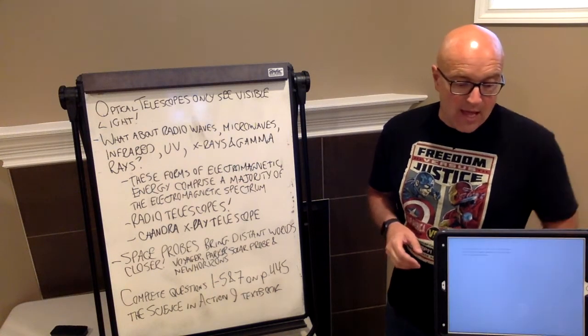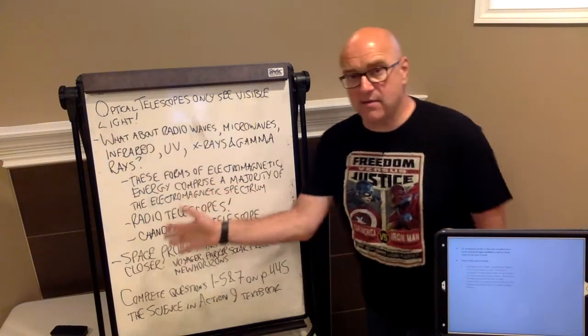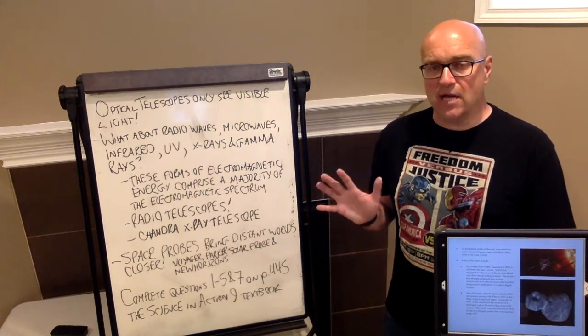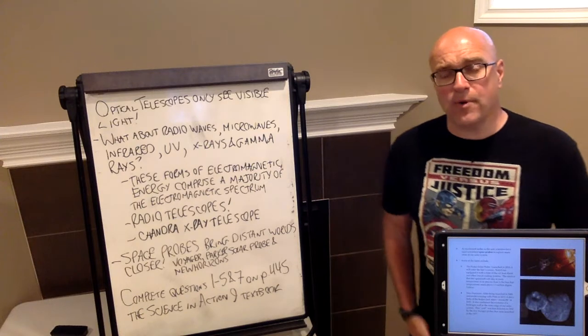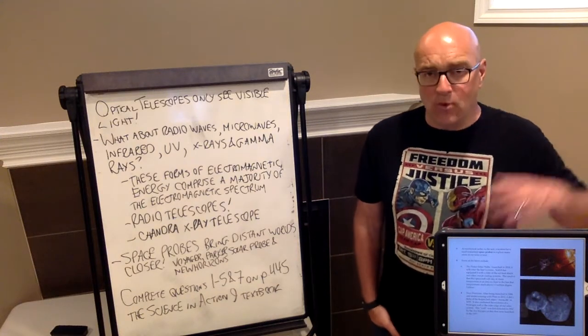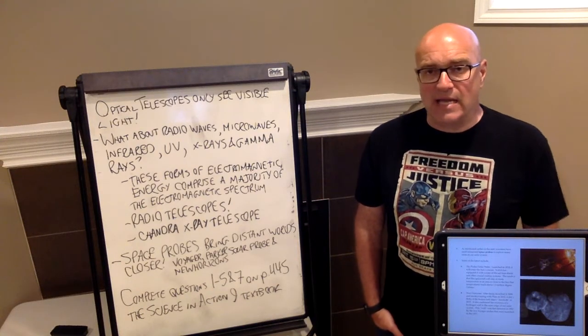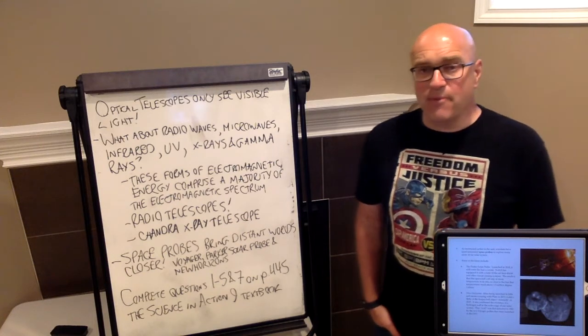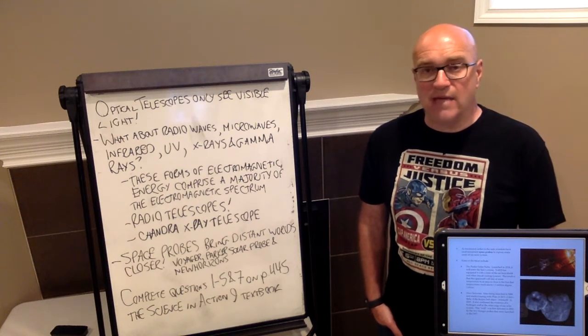I also mentioned last day, it's not in the notes, but I do like to talk about this telescope: the Chandra Telescope. It's an X-ray telescope in orbit around the planet up there with Hubble, and it detects X-rays and comes up with some amazing images that normally we can't detect.